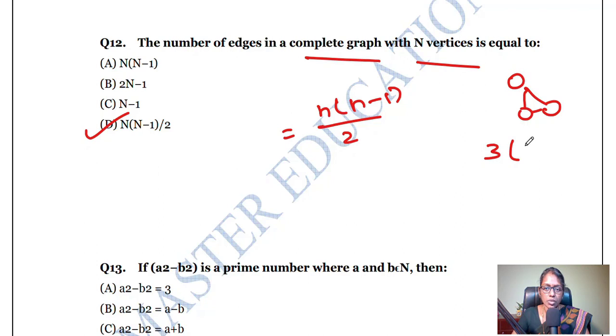So 3 minus 1 is 2. So divided by 2, you will get 3 edges, right? Yes. N is the number of vertices. If you apply the value of n, you will get the number of edges.